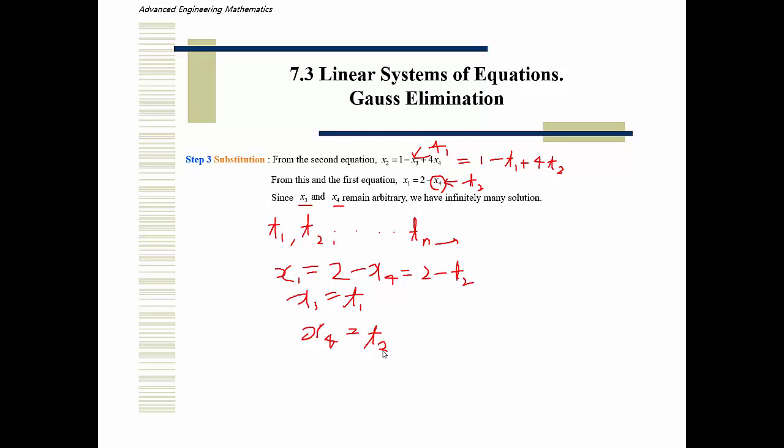This t1 is the first arbitrary unknown, and t2 is the second arbitrary unknown. By using these two arbitrary unknowns, we can determine x1, x2, x3, and x4 like this. This is the end of example 7.3.3.